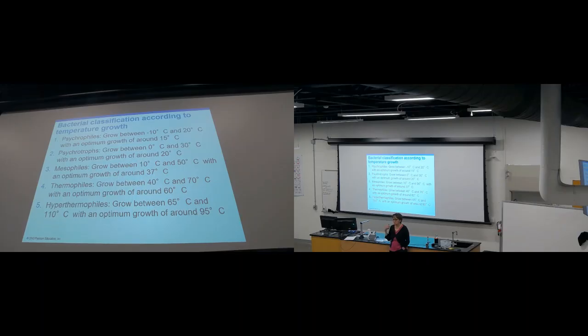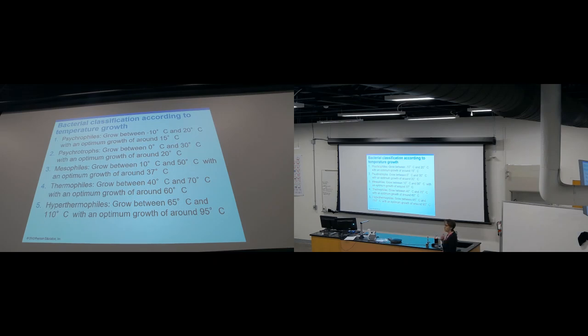Bacteria that can produce infections grow at 37 degrees Celsius, so pathogens can be mesophiles. And then after the mesophiles, we have bacteria that like to grow at higher temperatures, for instance thermophiles.